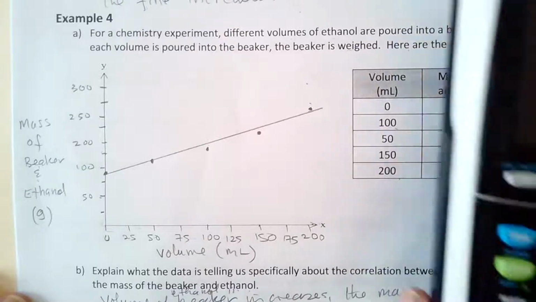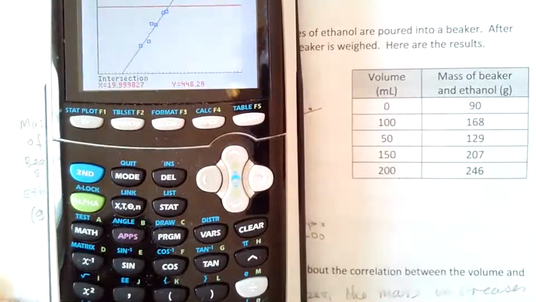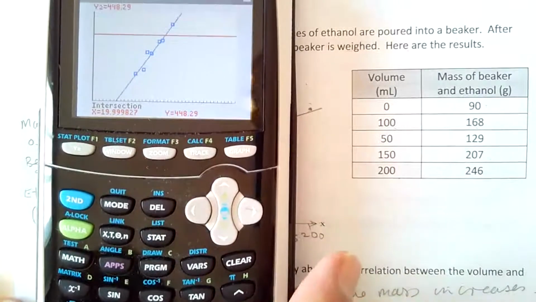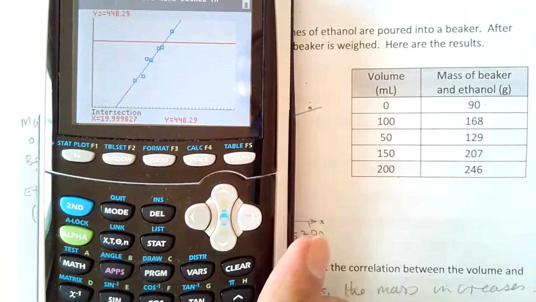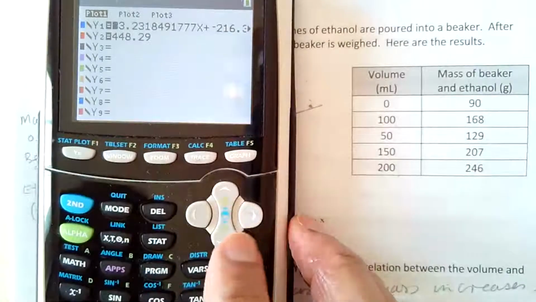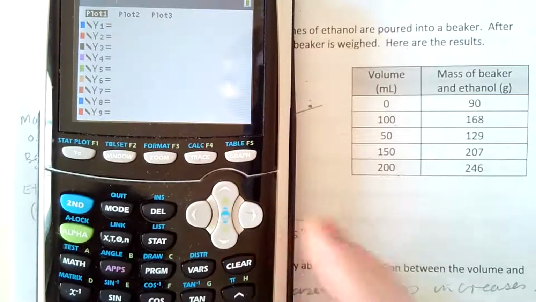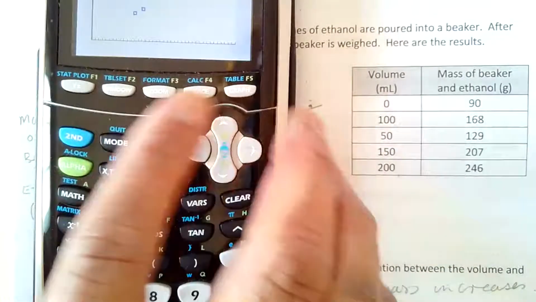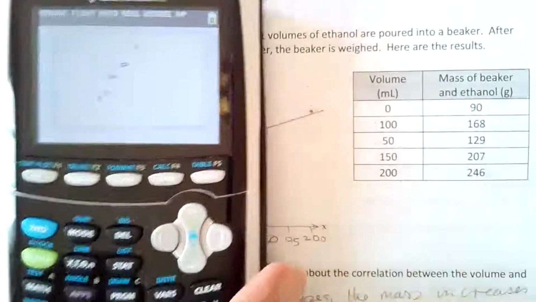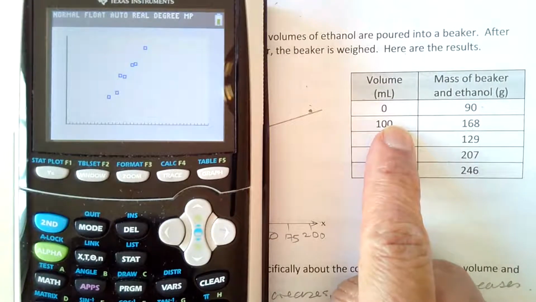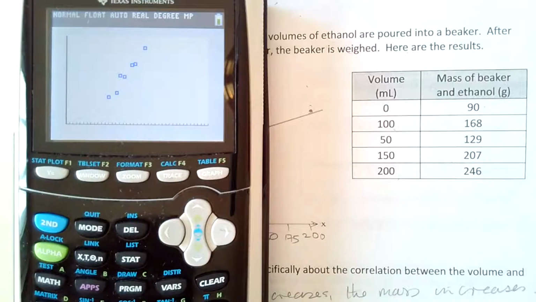So let's work this out in the graphing calculator. I'm going to go back here. Now I can clear all of my data here, or I could reset my calculator. I still have a set of data from the previous one, but we are going to change all of that by entering this set of data.